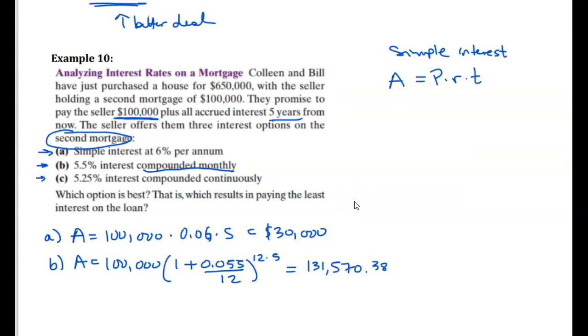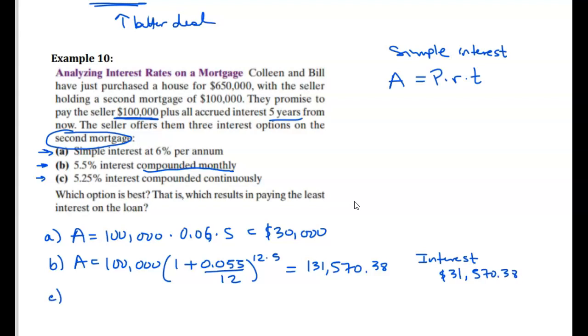All right, so now this is the total amount, right? You go from 100,000 to 131,000. So the interest part is if you subtract these. Okay, so the interest is going to be 131,570.38 minus 100,000, so it's $31,570.38. All right, so far A is better.